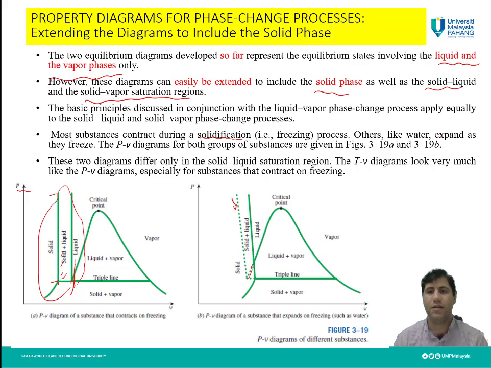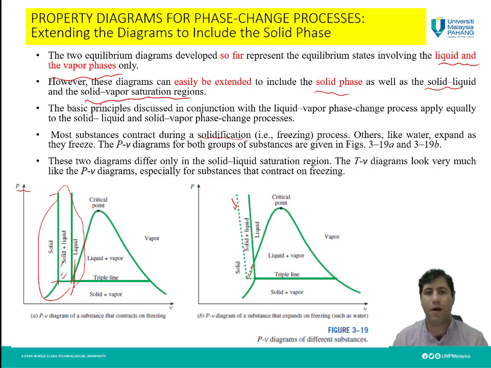Others like water, however, this example is not good for water because water is different. Some materials like water expand as they freeze. In other words, for water, this process is different. When they freeze, they expand. For other materials, when they melt, they expand.